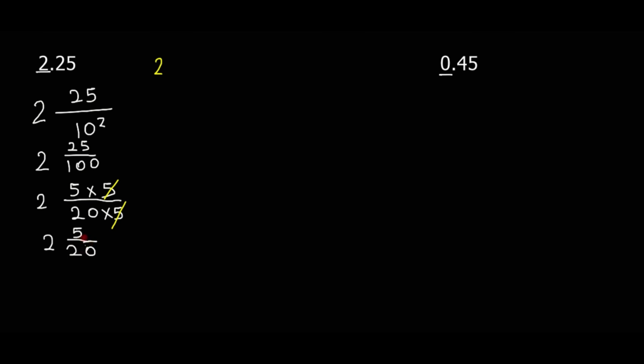And then 5 over 20 we simplify again, because it's not fully simplified. 5 over 20 is 1 times 5, and 20 is 4 times 5, and so 5 and 5 cancel. So the final answer is this one.